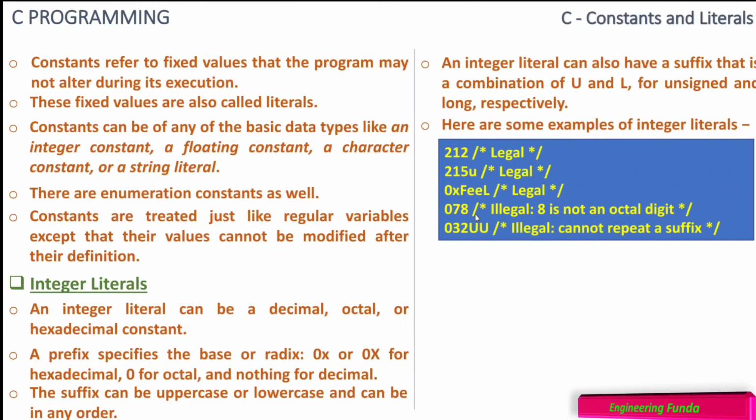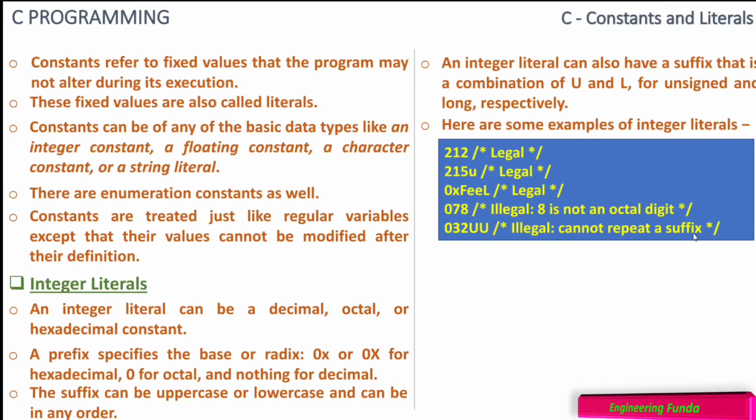But 078 is illegal. Why is it? Because the number is starting with 0, so it is an octal number, and we know that an octal number can have digits only from 0 to 7, so 8 is not an octal digit. Then you have written 032U, so this is an octal, it is okay, and it is unsigned, that is okay, but you don't have to repeat it, so hence it becomes illegal because you have a repetitive suffix.